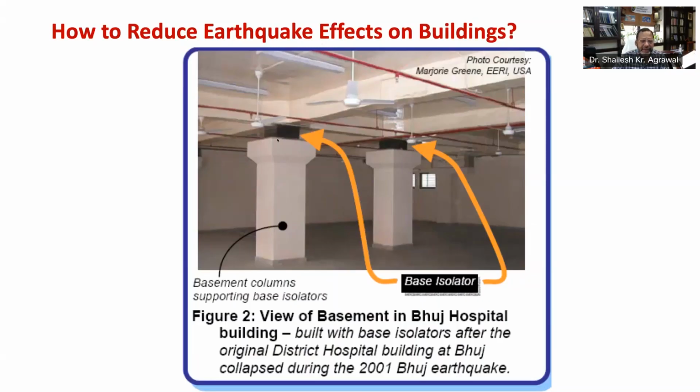Countries like Italy, Japan, New Zealand, and USA are using base isolation in numerous buildings. Further, base isolation is also useful for retrofitting of important existing buildings like hospitals and historic buildings. More than 1,000 buildings the world over are equipped with seismic base isolation.